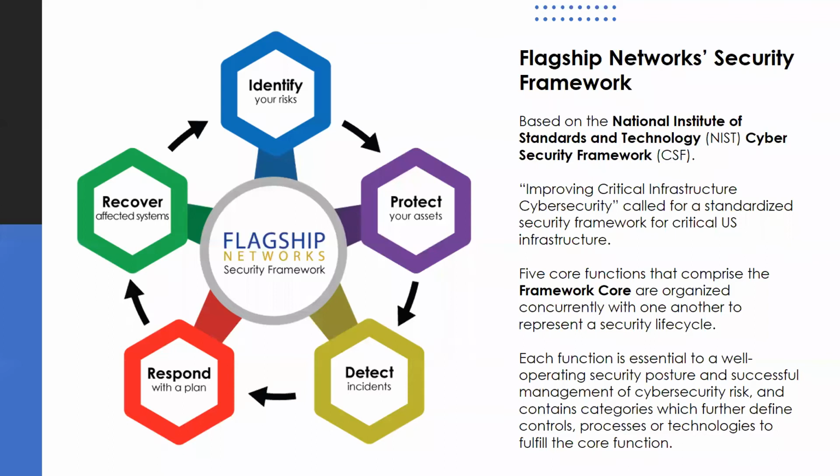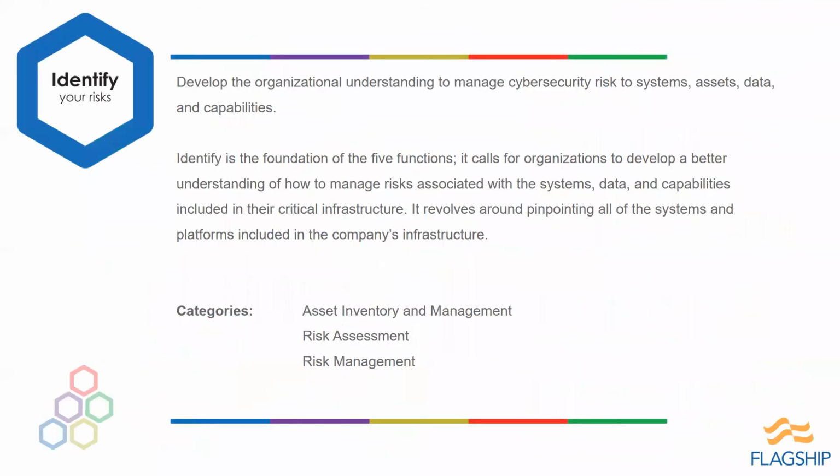So now I'd like to dig into each core function a bit and explain what they do. So starting at identify, the identify function assists in developing an organizational understanding to managing cybersecurity risk. These risks can be to anything: systems, people, assets, data, even capabilities.